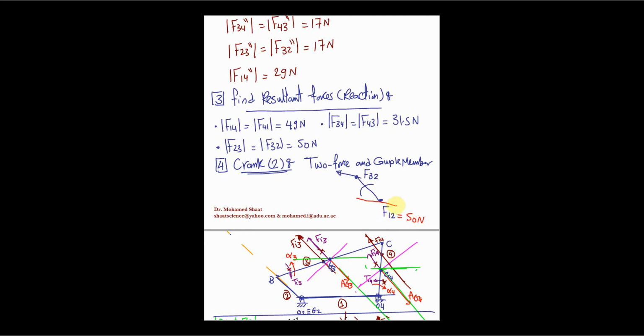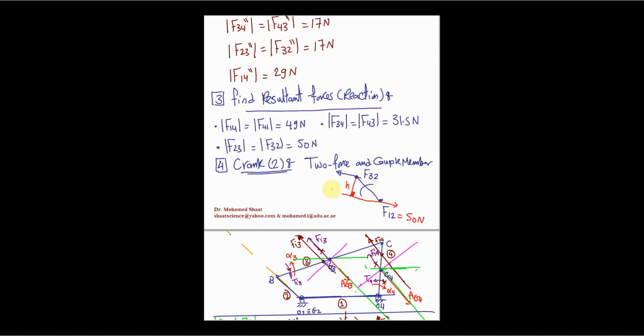And what about its direction? It should be opposite to F32 and parallel to it. Then, if you draw a line that is normal to both of them, this line is going to give us h, a height.